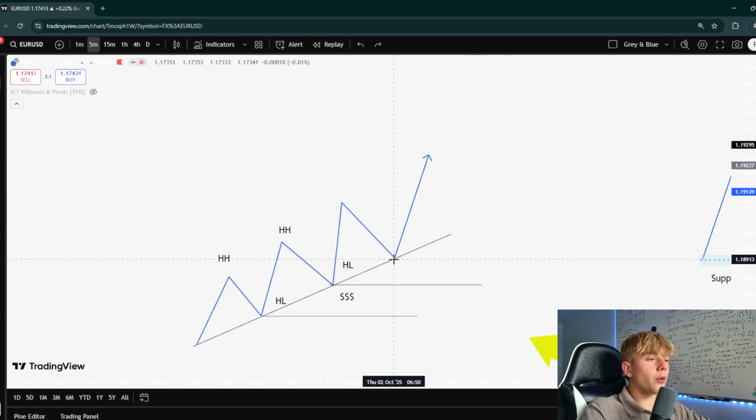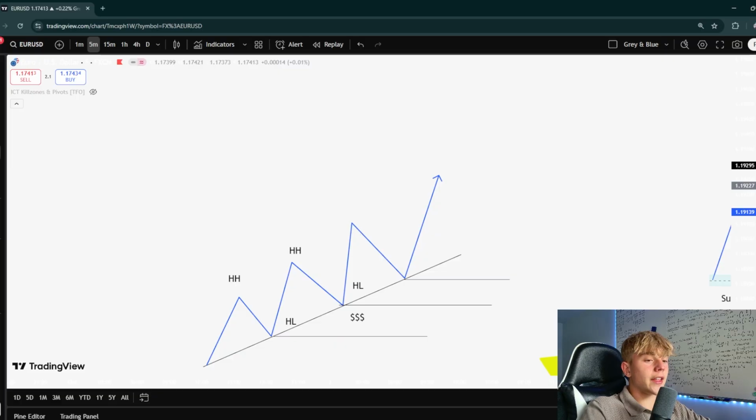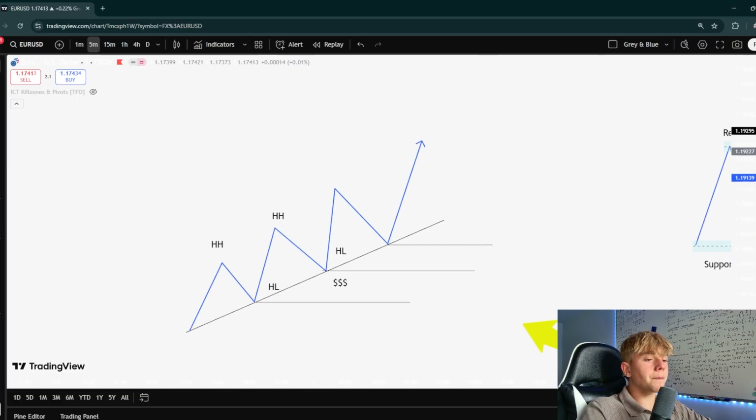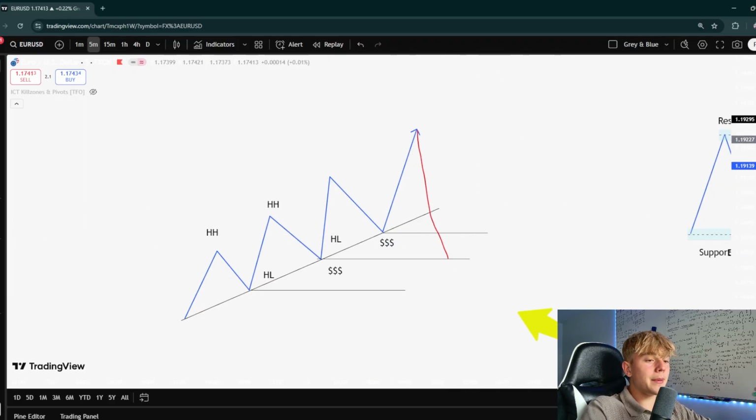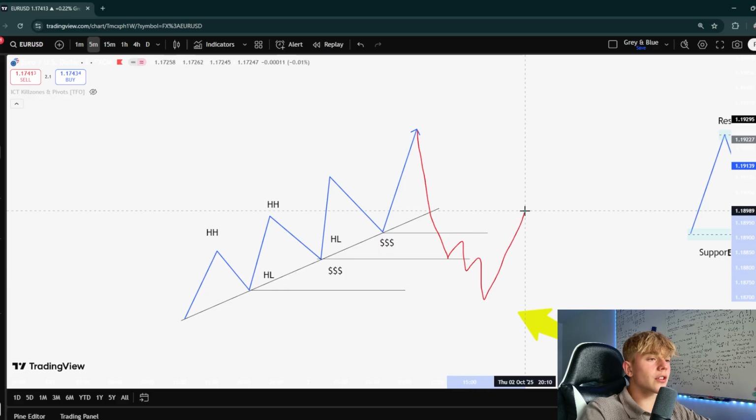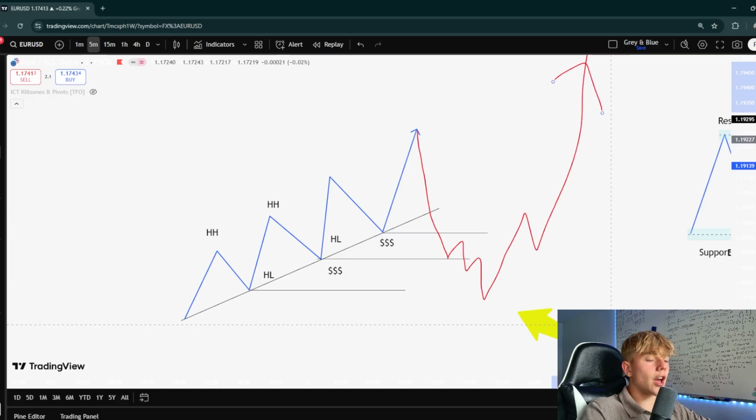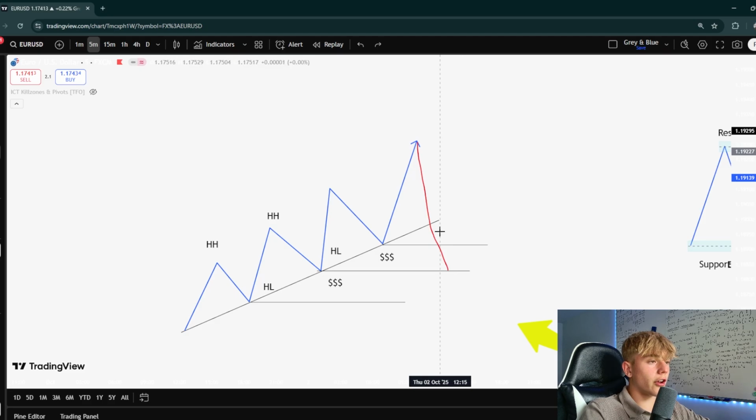However, what price usually does is come down, create a higher high, come back down, and sweep a previous higher low, like so, sweep all of the resting liquidity under this low, and maybe not just sweep one of these lows, maybe come back and sweep all of these lows, and then continue going up in its bullish structure.